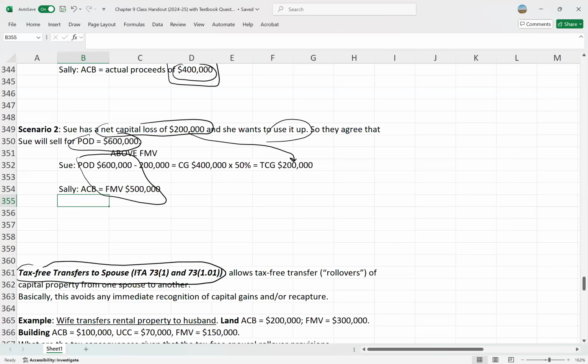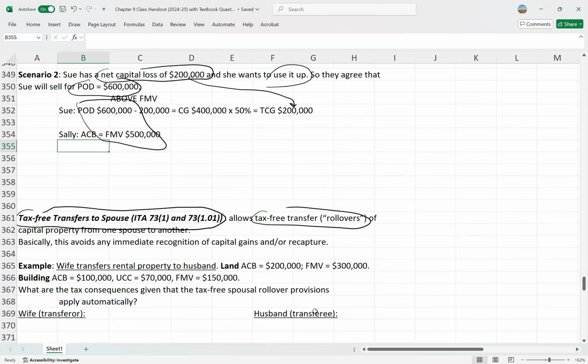And so this tax-free transfer is also known as a rollover. So whenever you hear the term rollover, all that means is that we're rolling over assets from one party to another. And this tax-free rollover is only allowed between spouses. So this could be done maybe for survivorship purposes. So let's look at this example here.